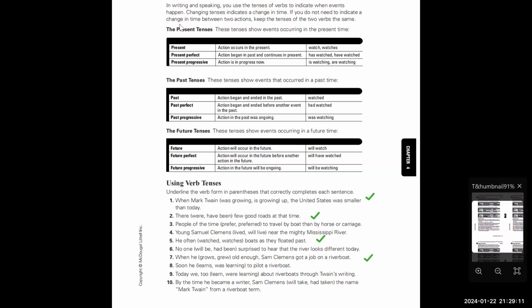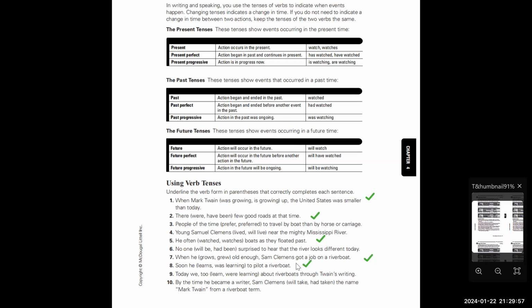So it will be learns. Or what is your final answer? Learns. Okay, can you read the whole sentence? Soon he learns to pilot a riverboat. Okay, a riverboat. That's right. Soon means it's not later, not yet. So the answer is learns. That's correct.